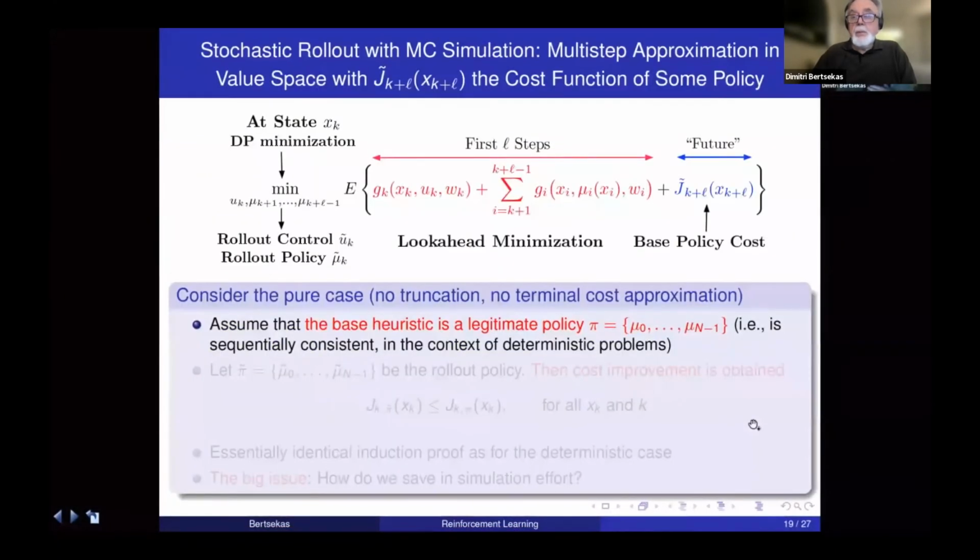Okay. Now in stochastic problems involving rollout, again, you have one-step or multi-step look-ahead minimization. You have an approximate cost function at the end that's derived from some base policy. And you have this minimization, one-step or multi-step, which defines the rollout control to apply at state xk, and the rollout policy.